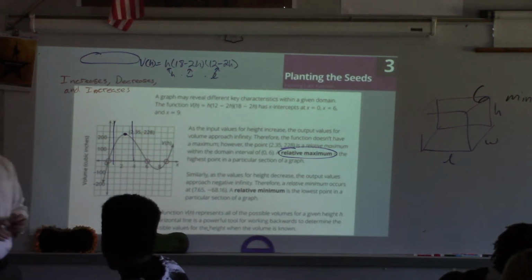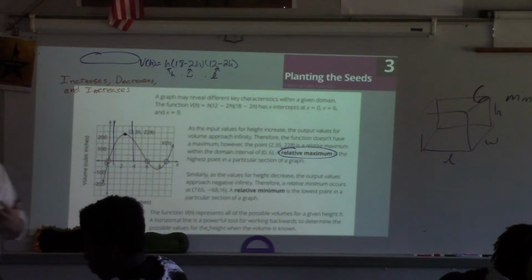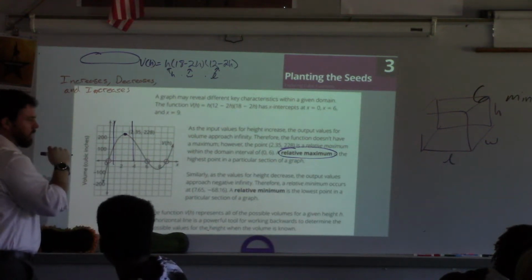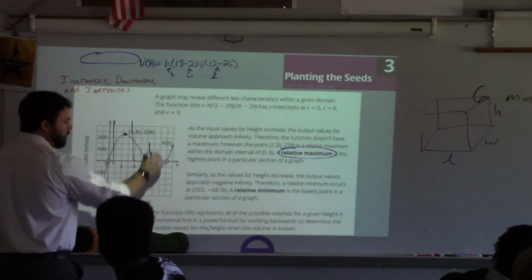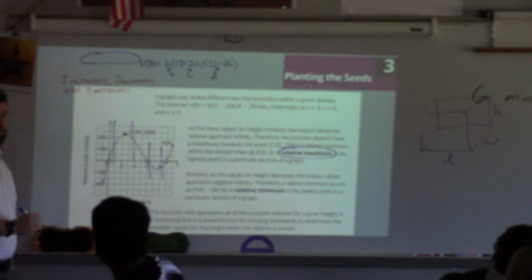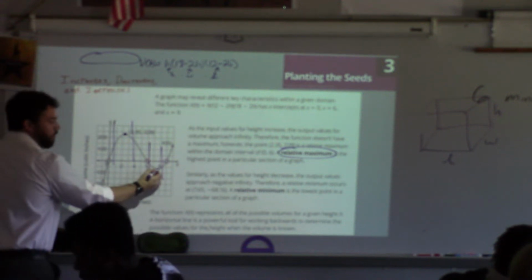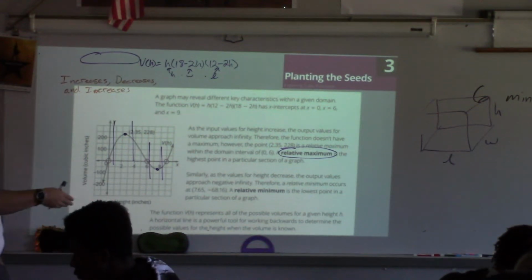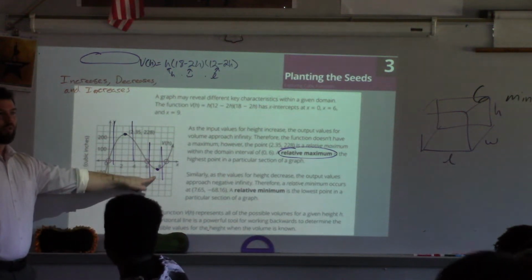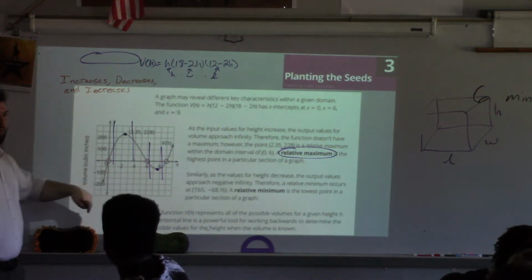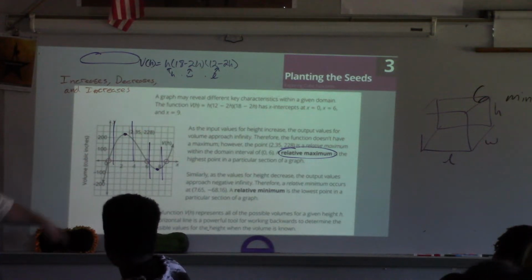It is the highest point for that small section of a graph. We're going to talk more about what that means when we start talking about increasing and decreasing, but it is important to notice that right there. The other thing is, we can have a relative minimum, the lowest point of that graph, right here. Notice, one, that's not possible in the context of this problem, but two, is that the lowest y value for f of x? No, because it goes down to negative infinity.